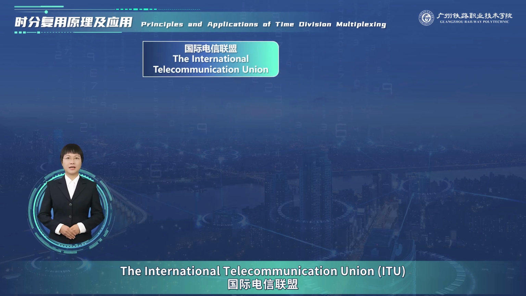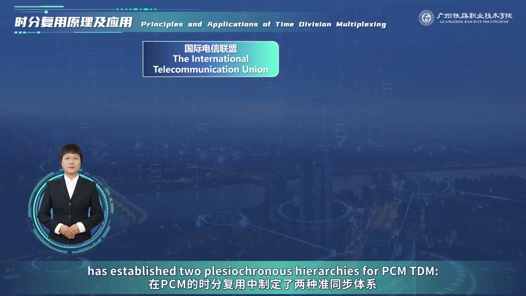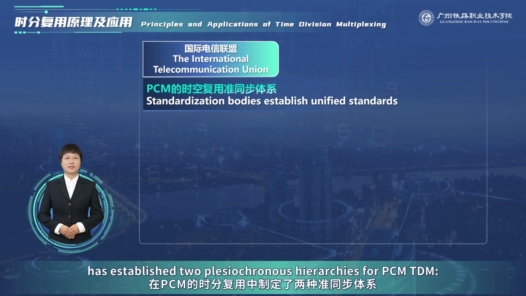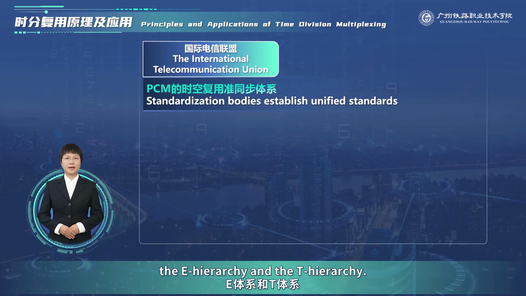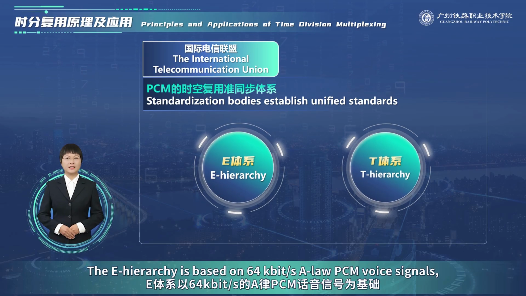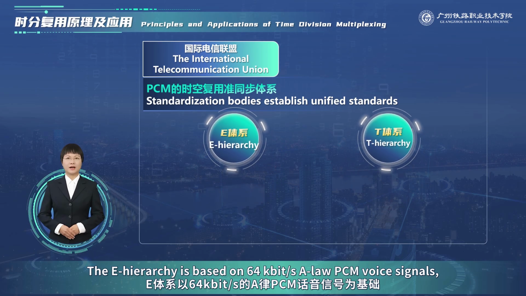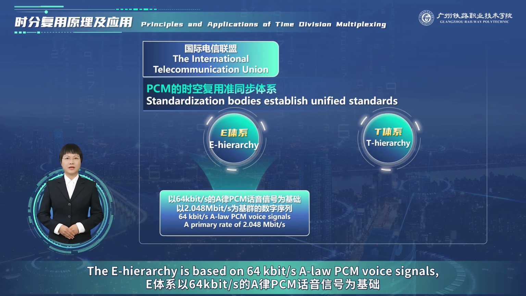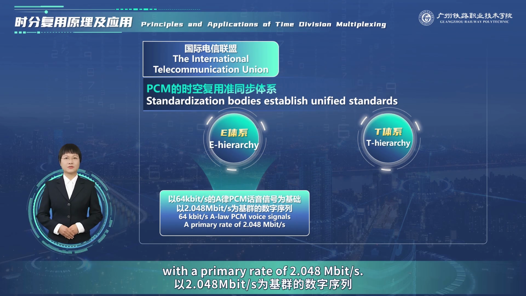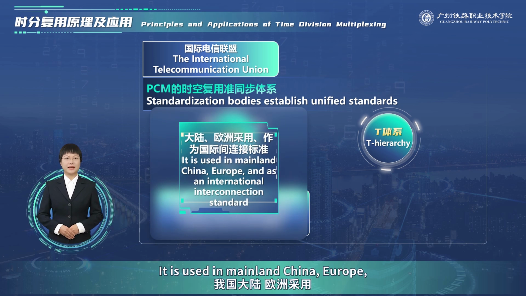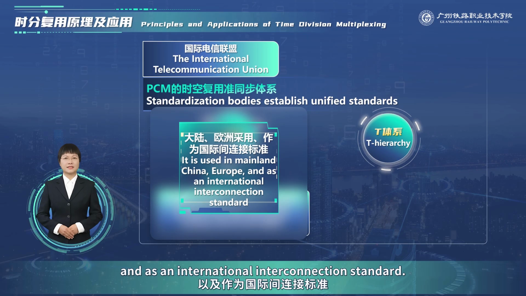The International Telecommunication Union, ITU, has established two plesiochronous hierarchies for PCM TDM, the E hierarchy and the T hierarchy. The E hierarchy is based on 64 kbit/s A-law PCM voice signals, with a primary rate of 2.048 Mbit/s. It is used in mainland China, Europe, and as an international interconnection standard.